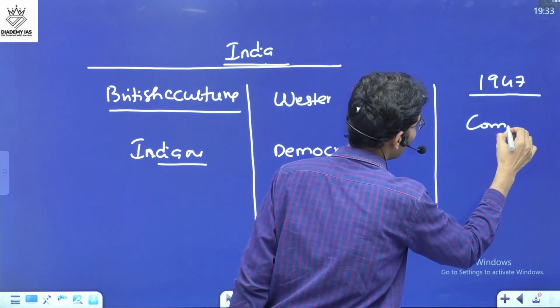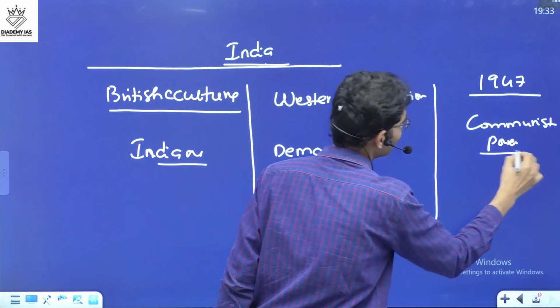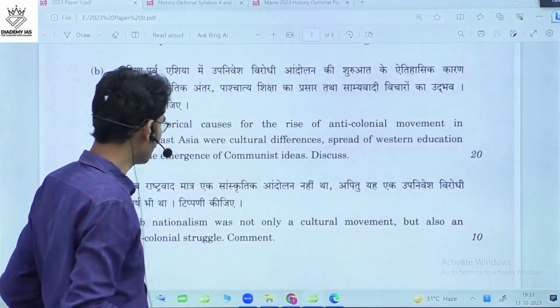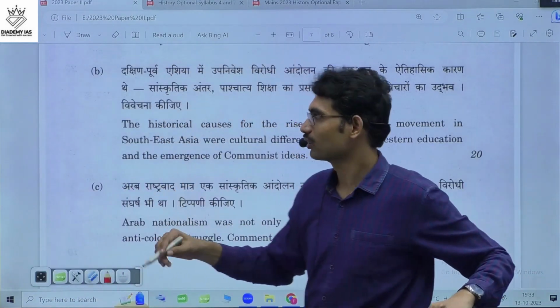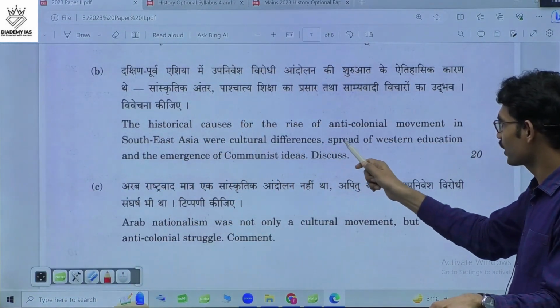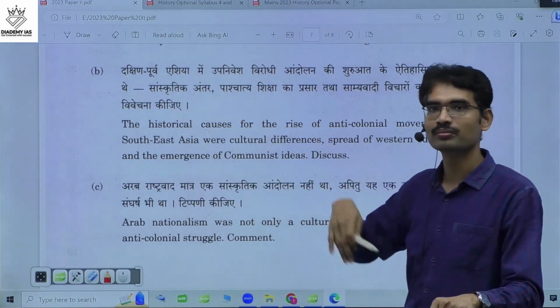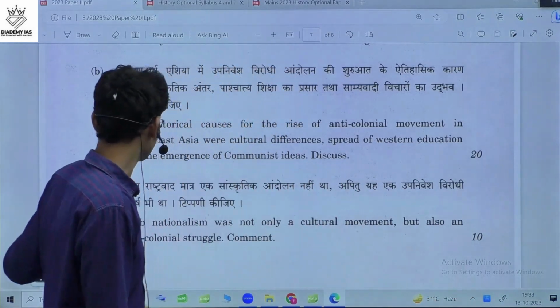At that time, communist ideas were very powerful, and they started influencing them. As a result, that led to the rise of anti-colonial struggle. So, three causes: cultural differences, spread of Western education, emergence of communist ideas led to the anti-colonial struggle and freedom. You have to highlight those things.